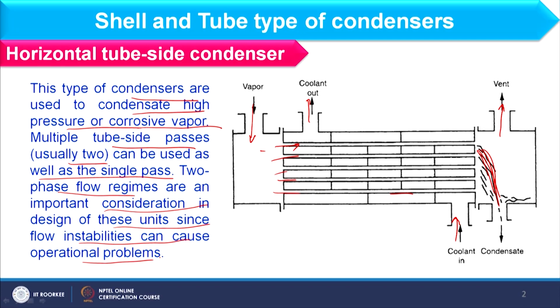We should consider the two-phase regime properly, because as vapor enters it is in gaseous form, and as condensation proceeds we have continuous formation of liquid. So, instability may occur during operation, which we have to handle properly. That is the horizontal tube side condenser.